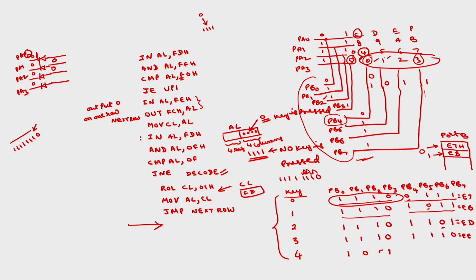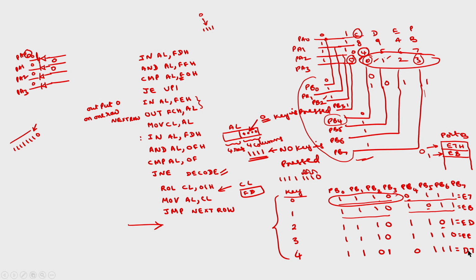And correspondingly 4 is in this row, so PB4 should be 0, remaining all will be 1s. This will now be D7.